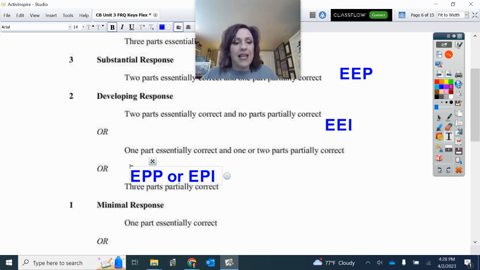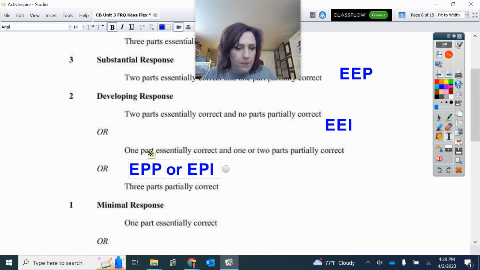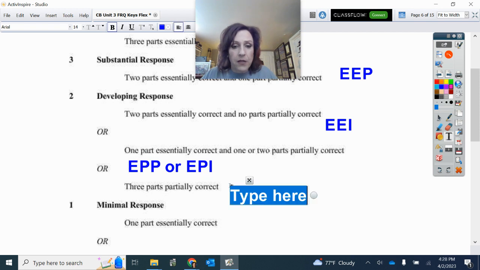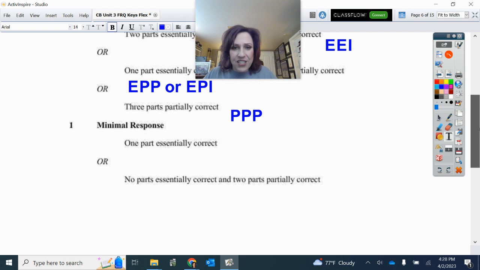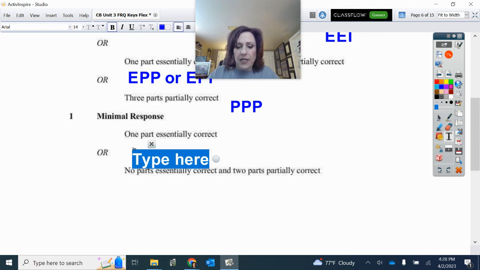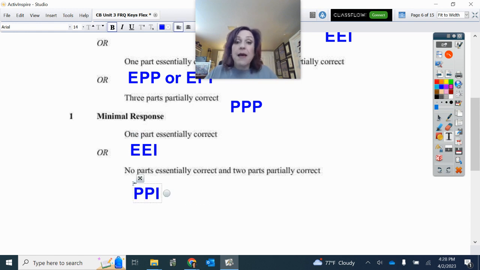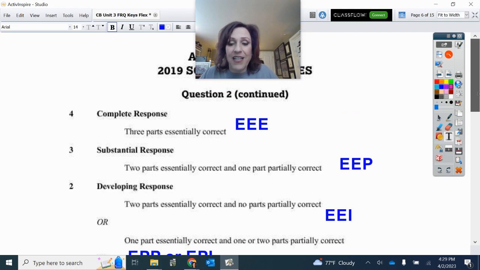Okay, and then of course the last one for number 2 would be PPP. All right, and then finally one part is essentially correct, so that's your EEI or PPI. All right, so there's how you get your credit. Man, but that one I'm telling you is a tough one to grade because people got marked off for a ton of things on that one.